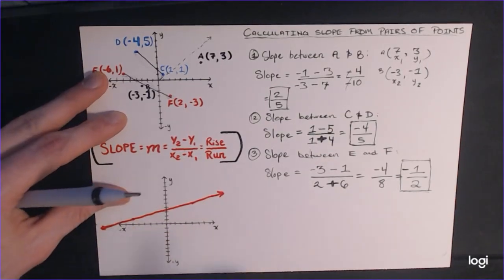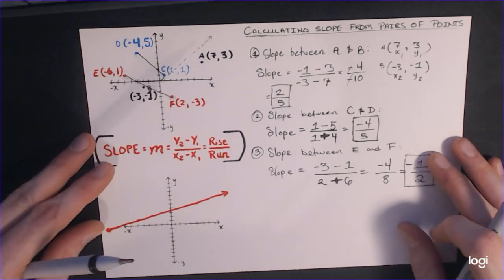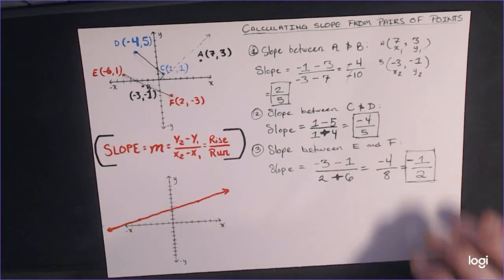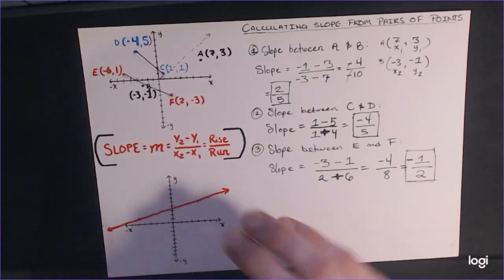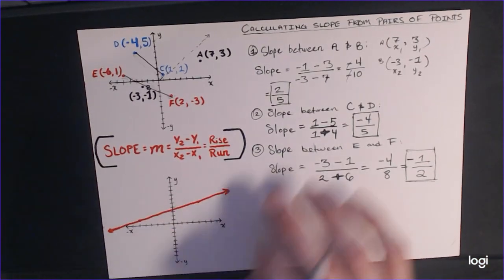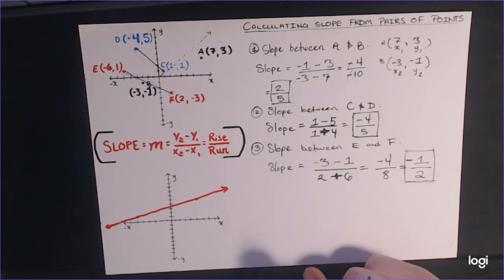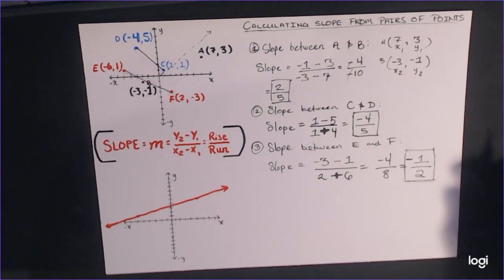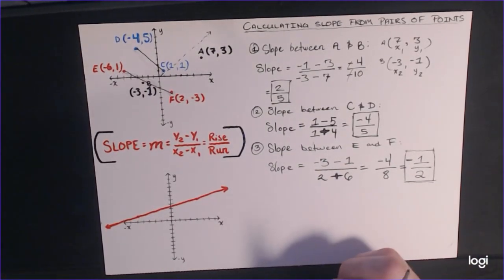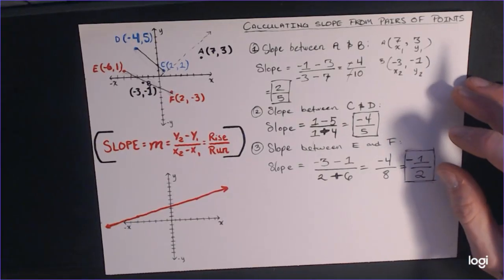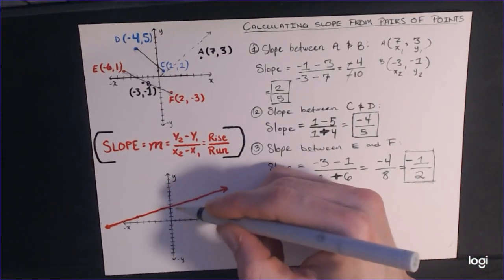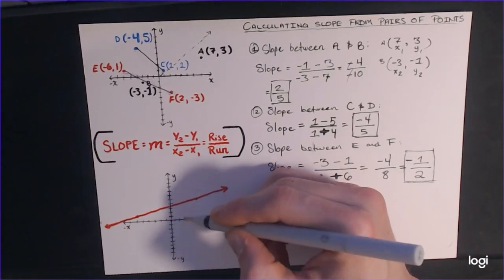I know that I made those 2 dots because, as I told you before, lines are defined by 2 points, but we're not going to look at those specifically. When we're trying to find the slope of a line, we're looking for 2 different points that are on the line that match up with the tick marks on here.